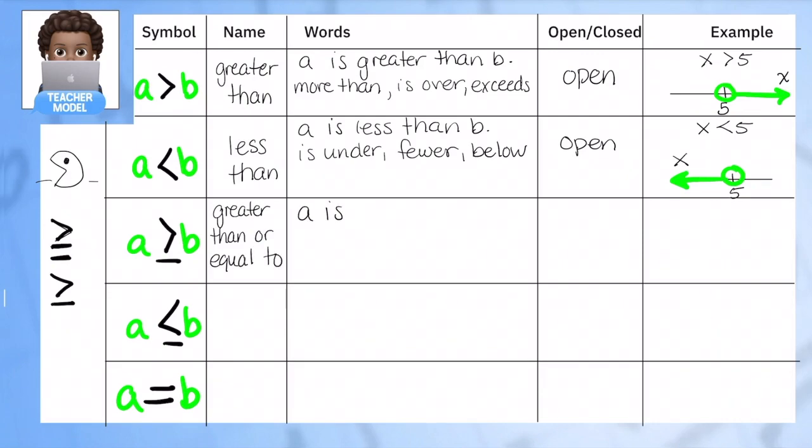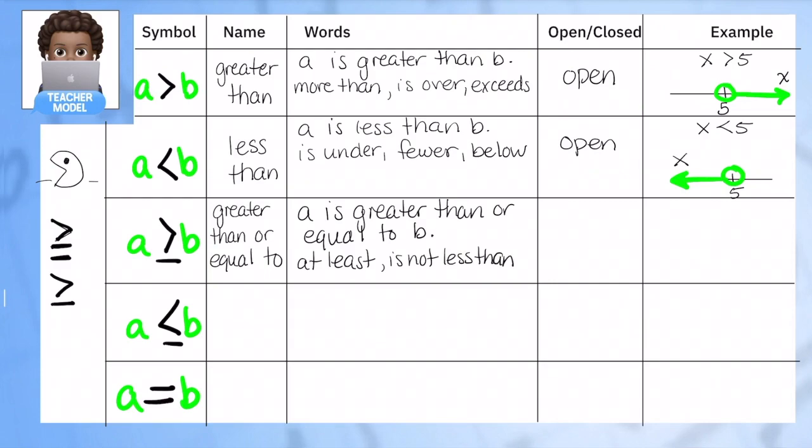So I would say A is greater than or equal to B. Other ways I can say this, I can use the terms at least, is not less than, is not under. You kind of get the idea.